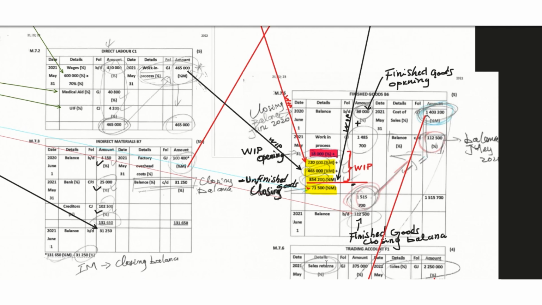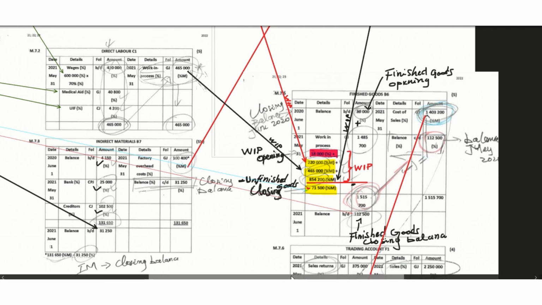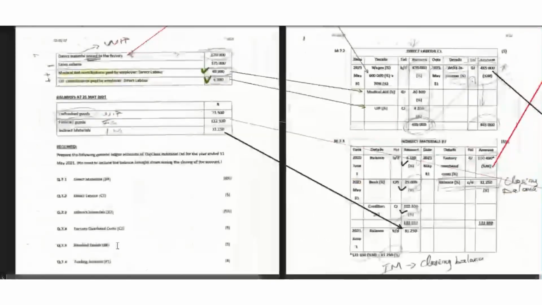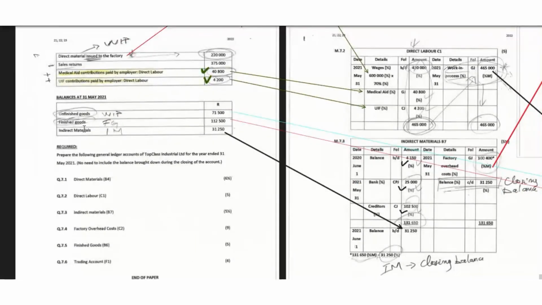And what is the balance of the finished good? What is also left for the finished good? Remember, there is a finished good balance. Finished good balance is not unfinished good. Unfinished good is work in process.